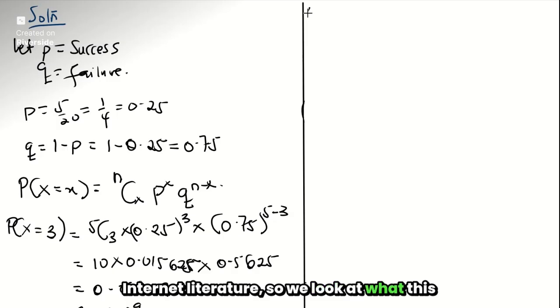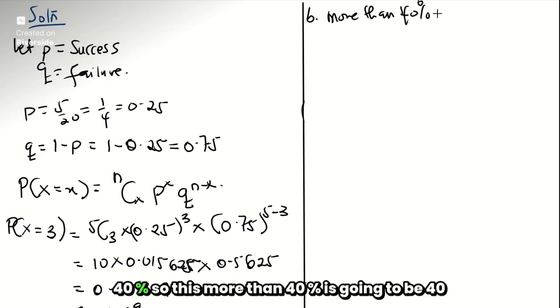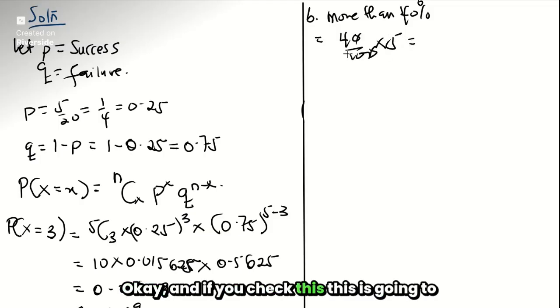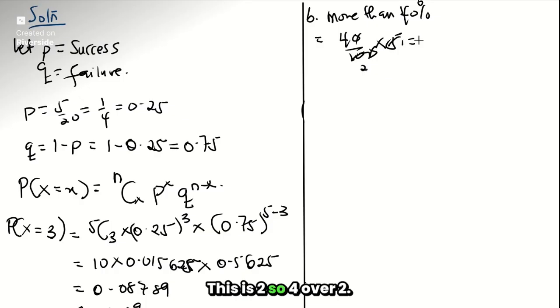This is B. So this more than 40% is going to be 40 over 100 times our 5, which gives 2.